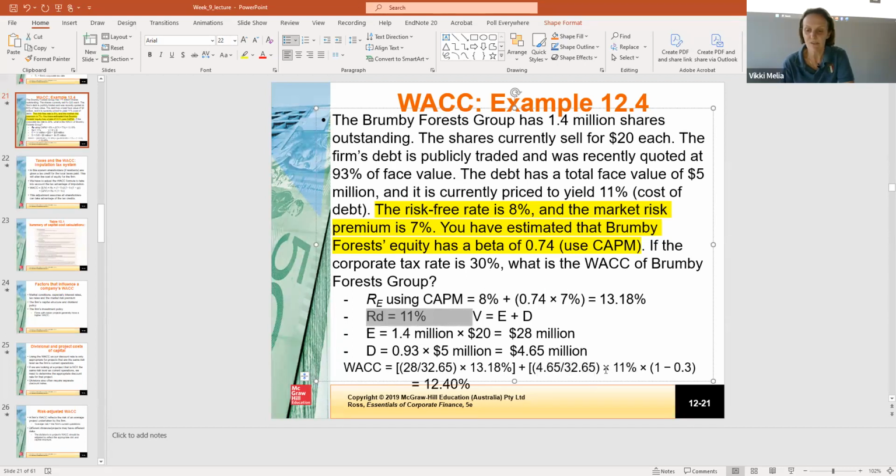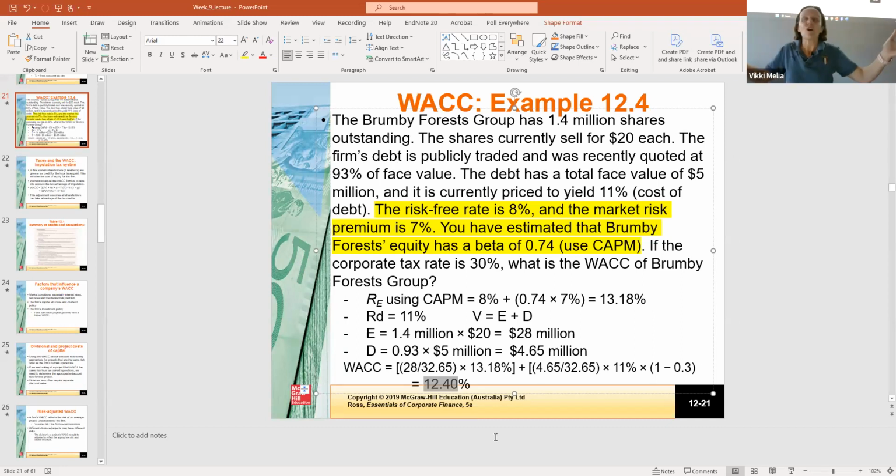The cost of debt was 11%, but we want the after-tax cost. So multiplied by 1 minus this 0.3, the company tax rate of 30%. So their weighted average cost of capital is 12.4%.